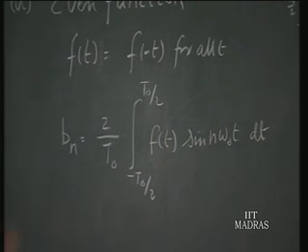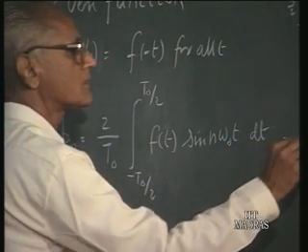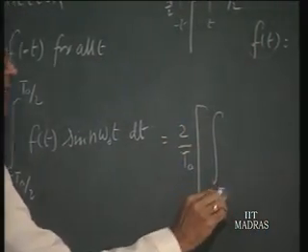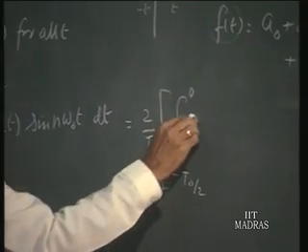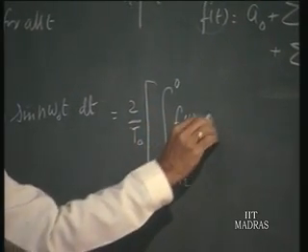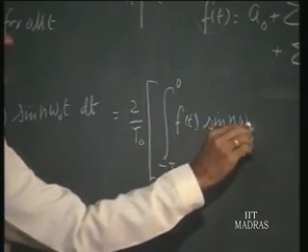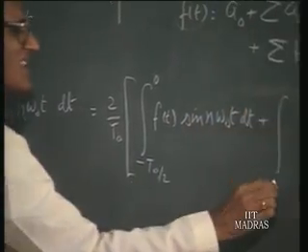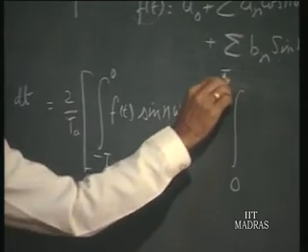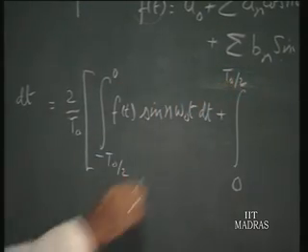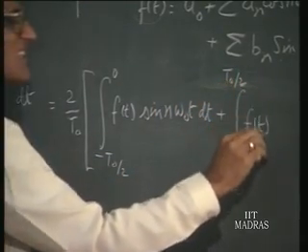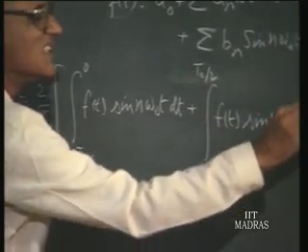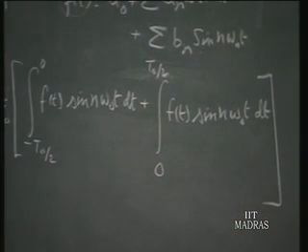I can break up this integral into 2 parts: 2 upon t naught, minus t naught upon 2 to 0, f of t sin n omega naught t dt, plus 0 to t naught upon 2, f of t sin n omega naught t dt.